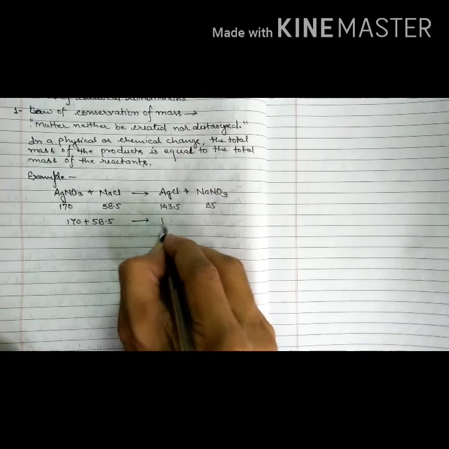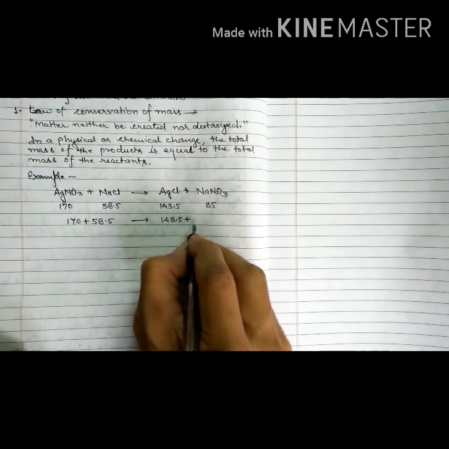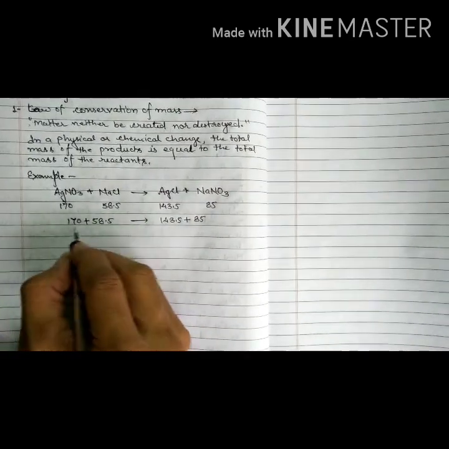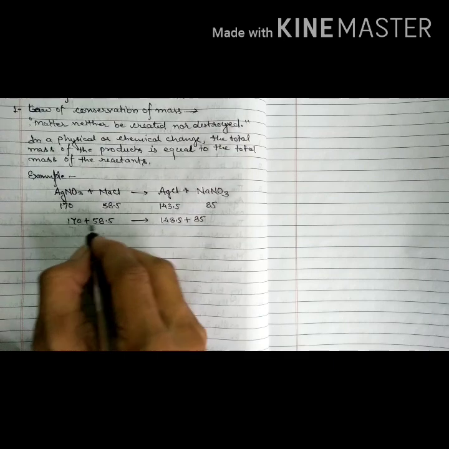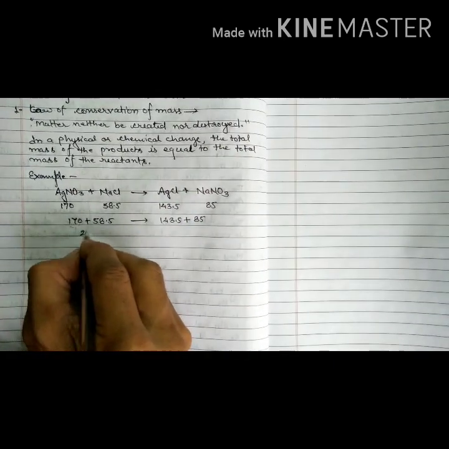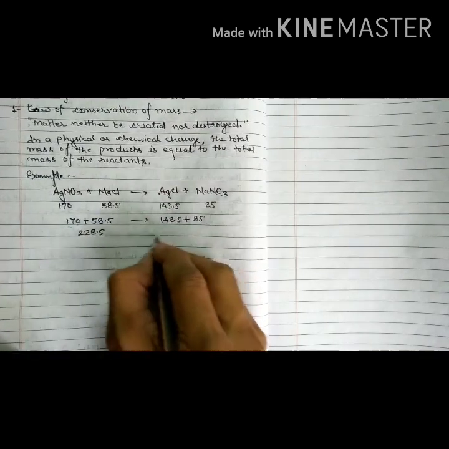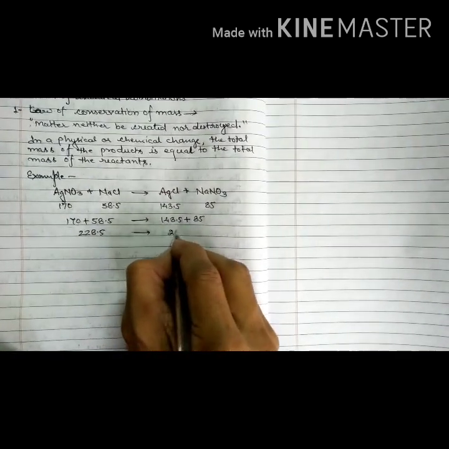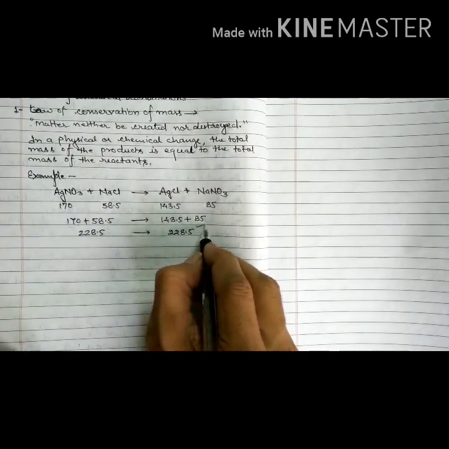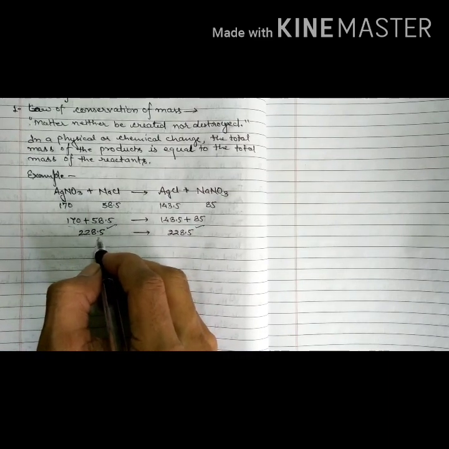This should be equal to the addition of 143.5 and 85. Whenever we add these masses, we get 228.5, and this is 228.5. That is, the mass of the products is always equal to the mass of the reactants.